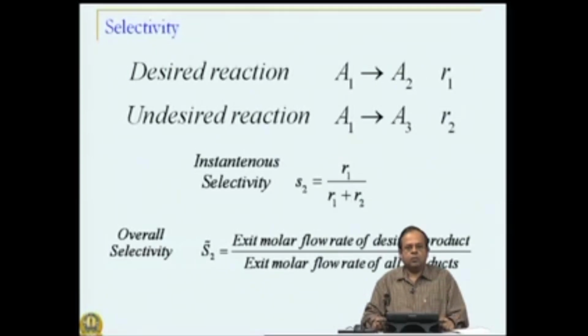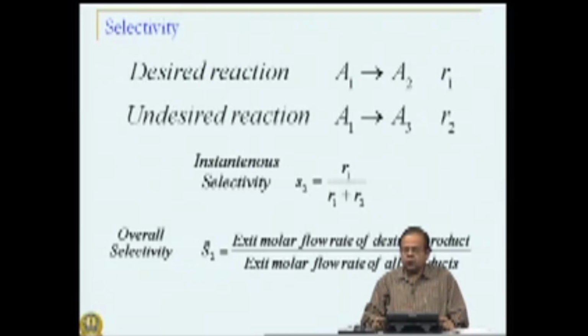So, R1 by R1 plus R2. We also defined overall selectivity. For example, if you have a plug flow reactor, then overall selectivity is the exit molar flow rate of the desired product to exit molar flow rate of the total products that are coming in.